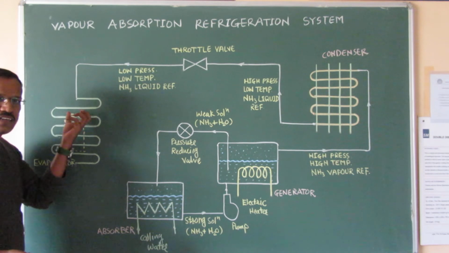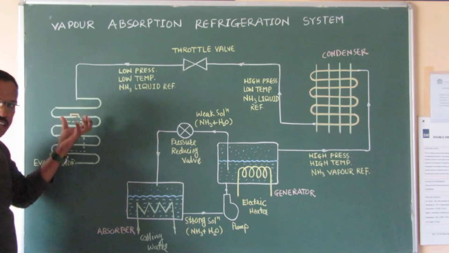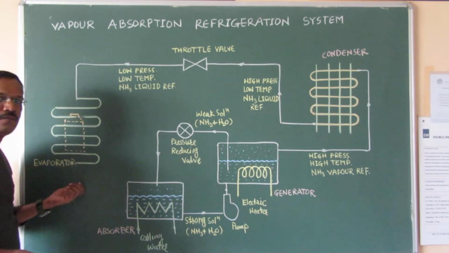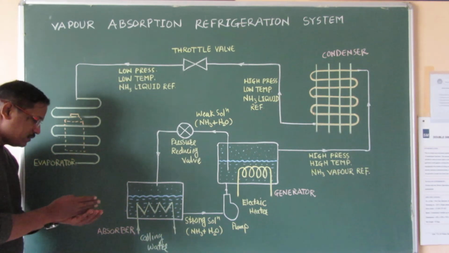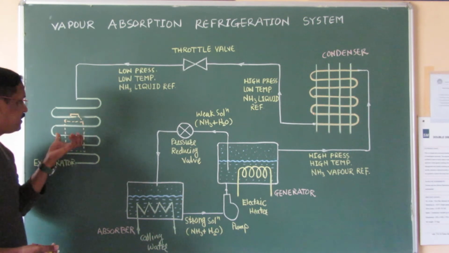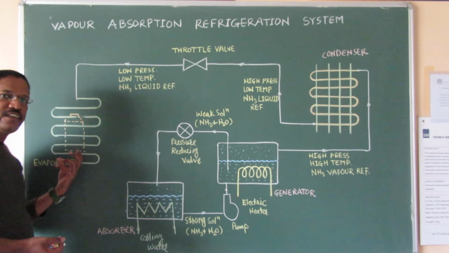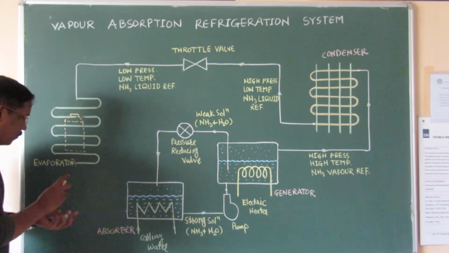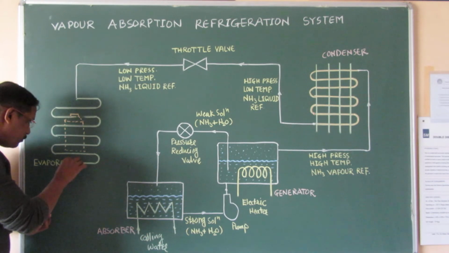Again liquid refrigerant comes, extracts the latent heat from your food content, vaporizes and moves ahead. Likewise, it extracts heat continuously till your food container reaches the set temperature. So what is the output of this evaporator unit?